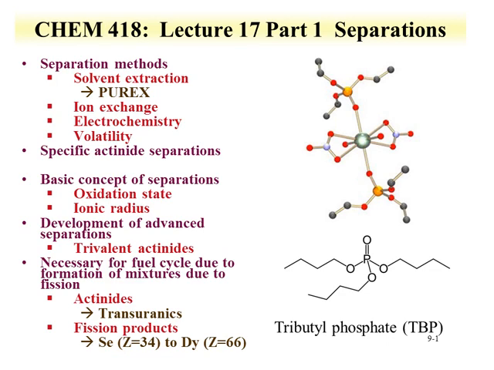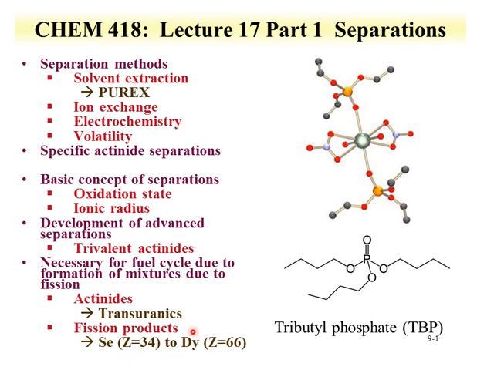Now, one of the driving factors for these separations is the need to separate the actinides from the fission products. This is often done for reusing nuclear fuel. The actinides can be fissioned. However, we need to remove some of the fission products, which range from a Z of 34 to a Z of 66, so on the order of a third of the periodic table.